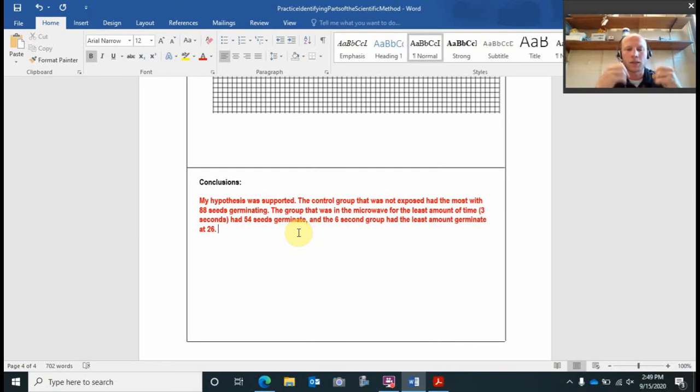Or maybe talk about popcorn, right? In a kernel, there's a little bit of water. And when you heat it up, that water can't be contained anymore because it has so much energy and it's getting so hot, and it pops the popcorn. All right. So it has a lot to do with that, but that's where we'd get research, and we'd look up some articles and some magazine articles and talk about that on here. And then we'd cite those guys, okay, to back up your claims. All right, but that's how that should look.